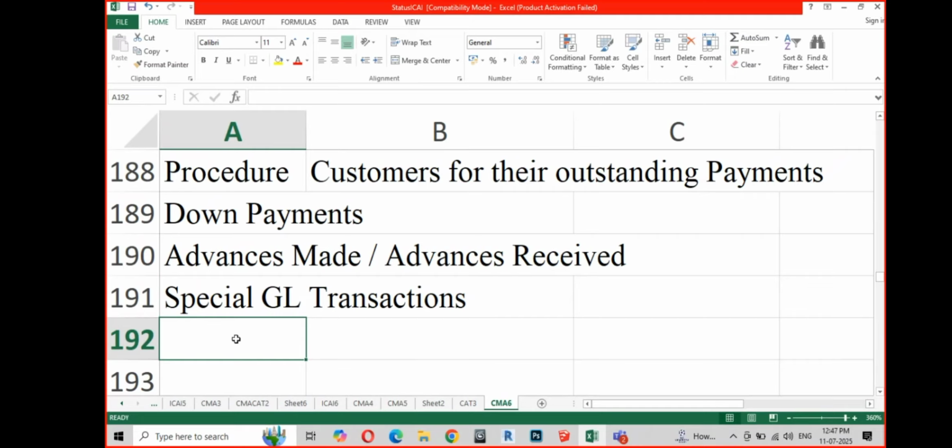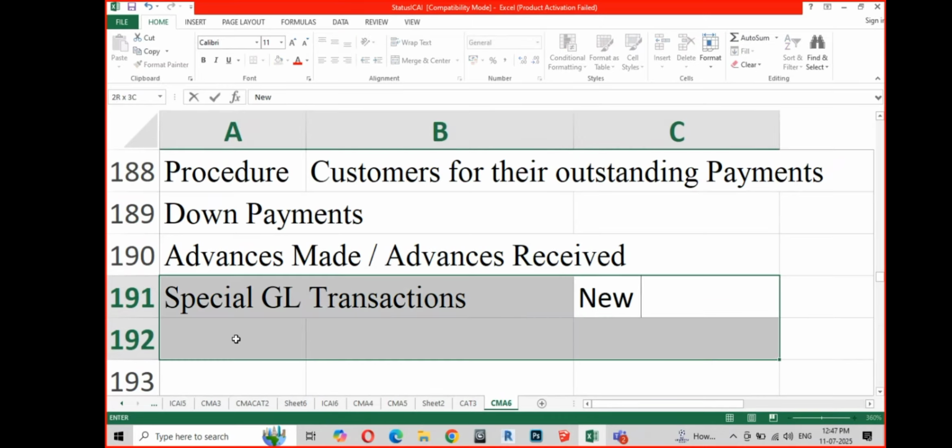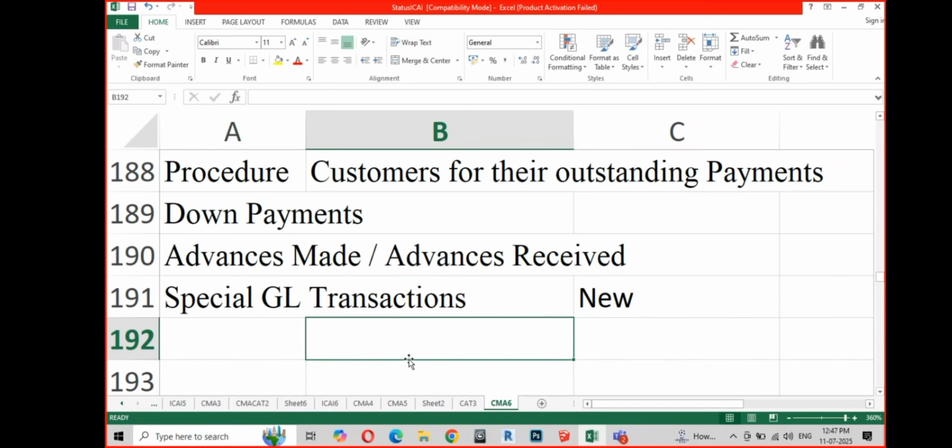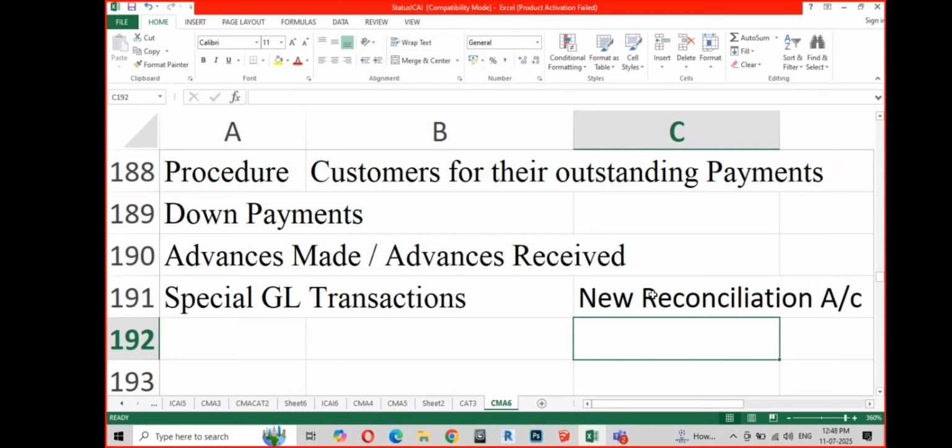For the special general ledger transactions, you have a new reconciliation account that must be constructed in the operational chart of accounts to make the advances transactions smoothly.